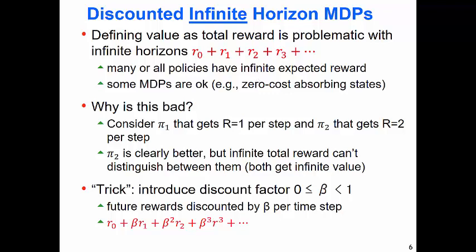And so instead of having this straight out sum of rewards that we have above, we're going to have a discounted sum of rewards as follows, where we have this discount factor called beta, which is greater than or equal to 0 and less than 1, and we increase the power of beta as we go ahead. So since beta is less than 1, beta cubed is going to be less than beta squared, and so on and so forth.